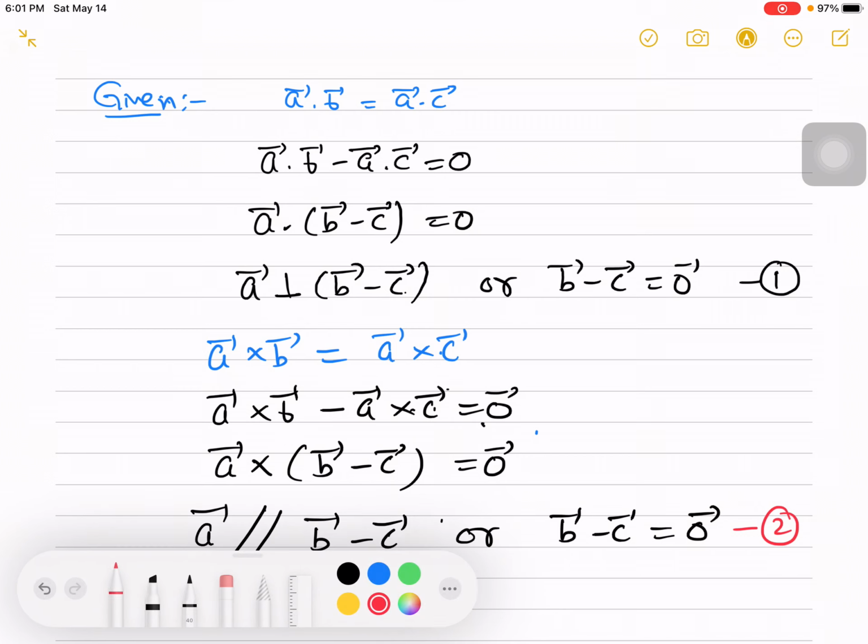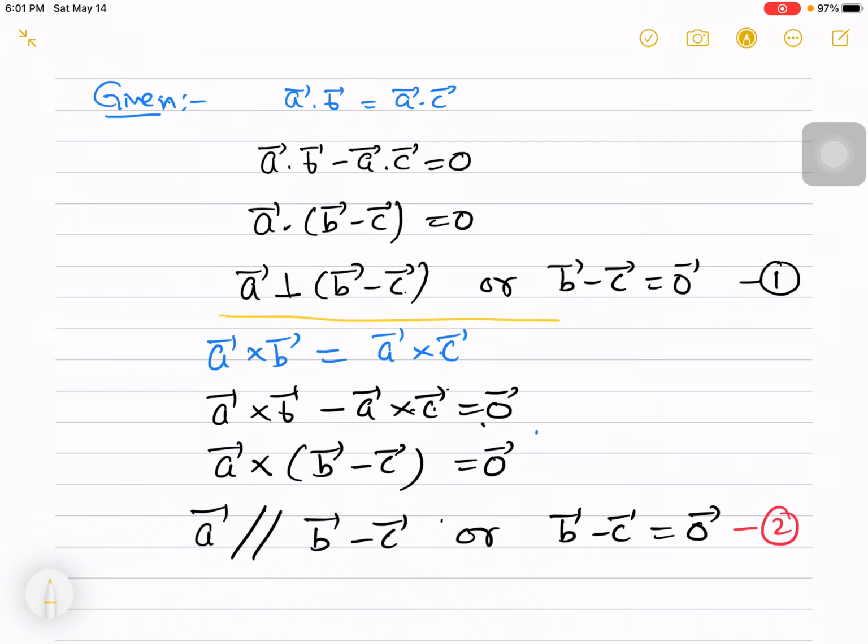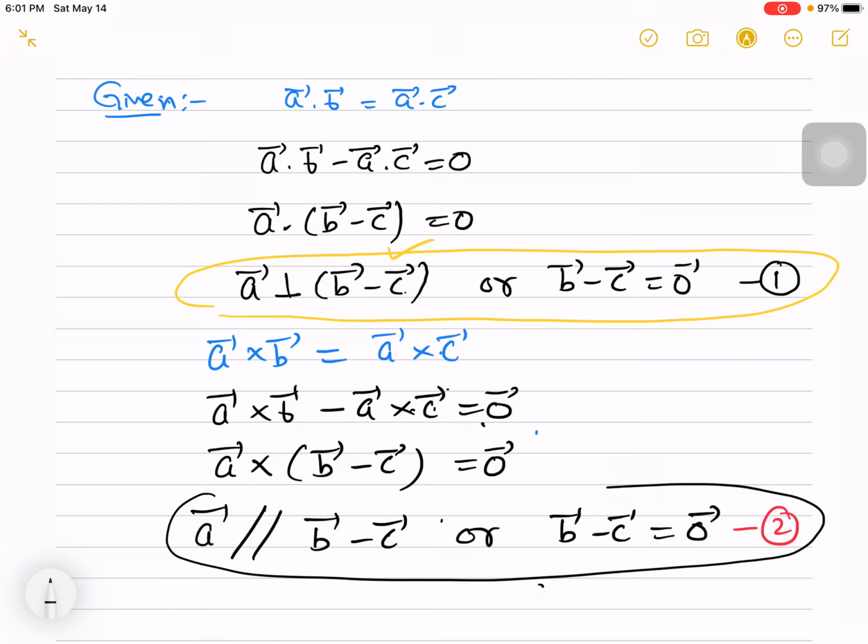In these two results, vector A is perpendicular to vector B minus C and vector A is parallel to vector B minus C. This is not possible if vector B minus vector C is not 0, because no vector is parallel and perpendicular to the same vector at the same time.